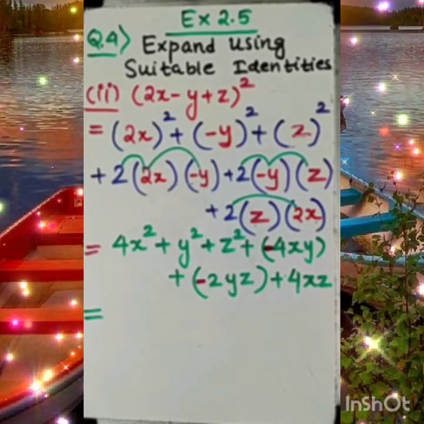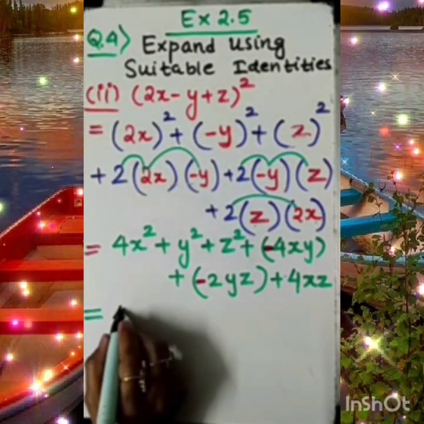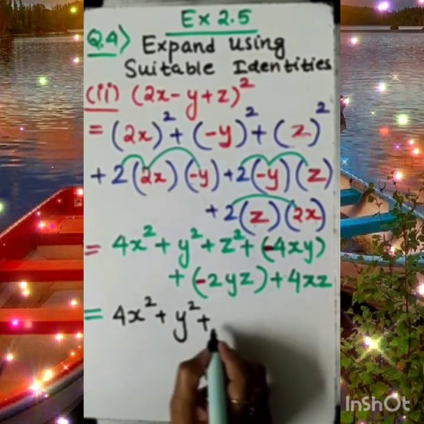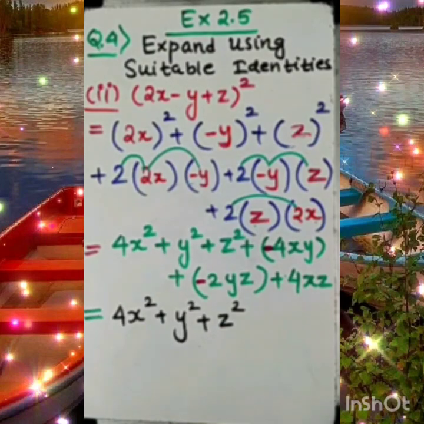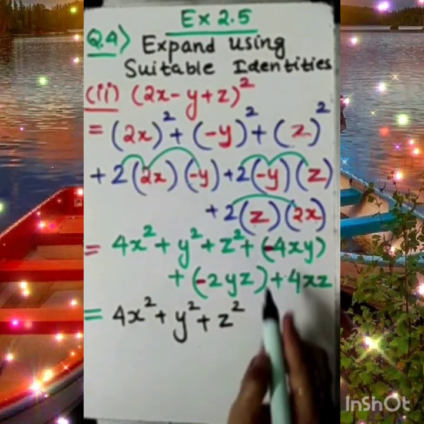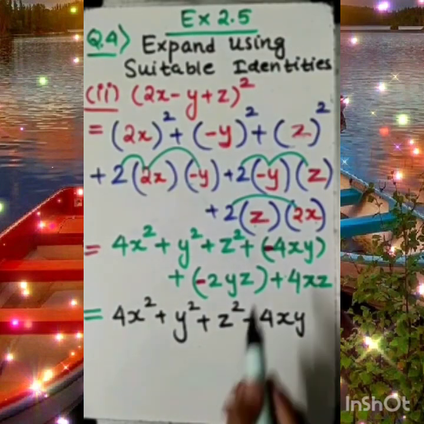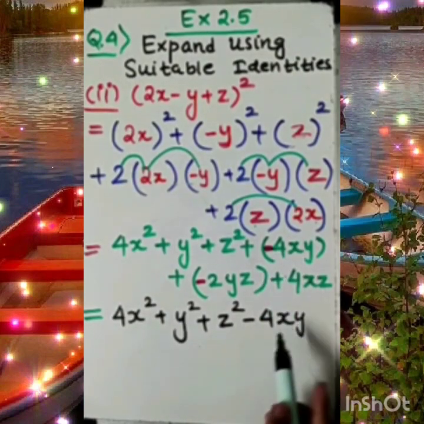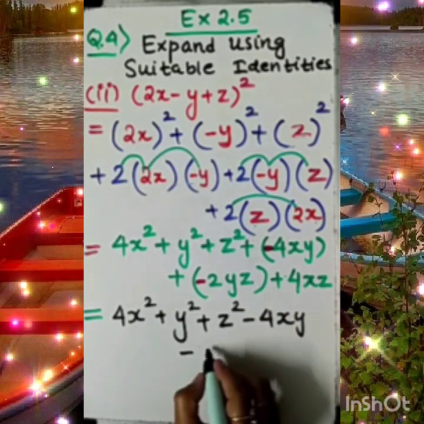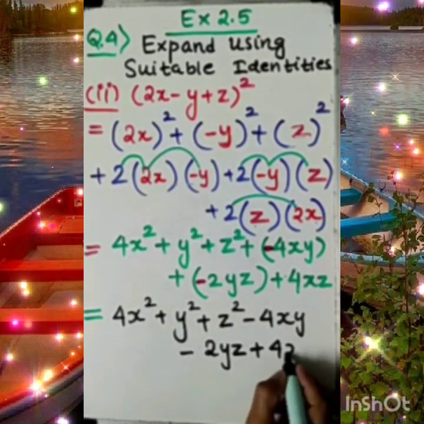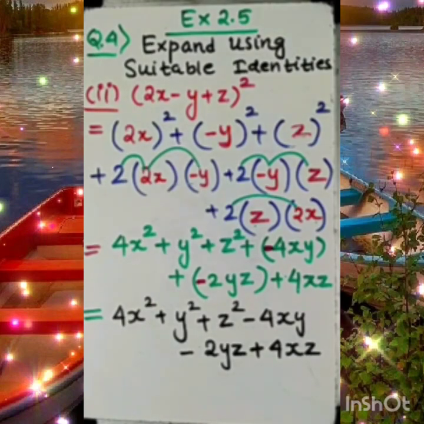As usual the first 3 terms are already simplified: 4x square plus y square plus z square, I am writing as it is. Now here minus 4xy minus 2yz, and here plus 4xz. I hope this much is clear to you. This is the complete solution of the second part.